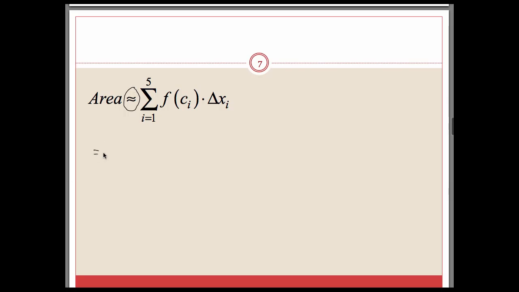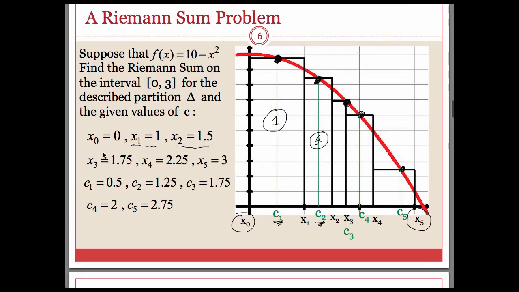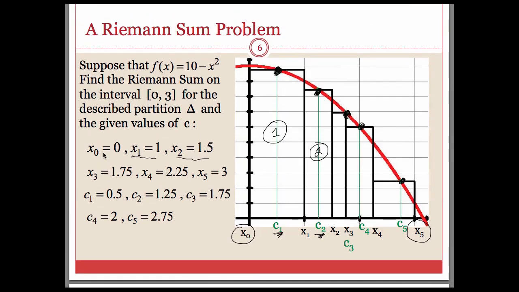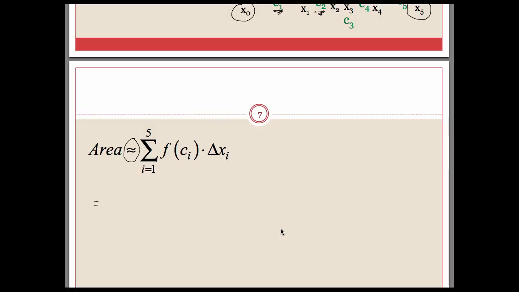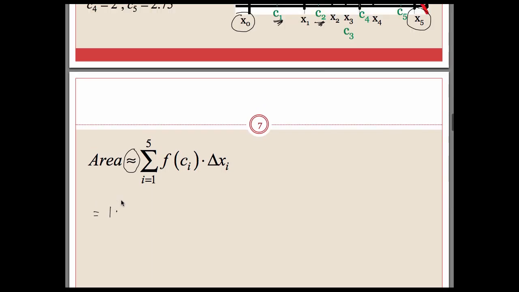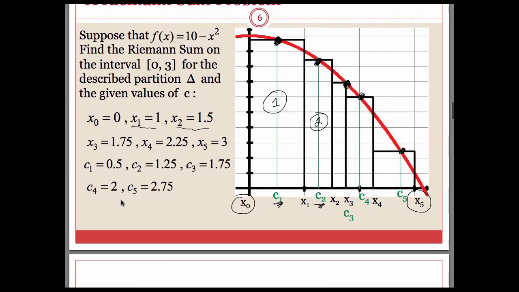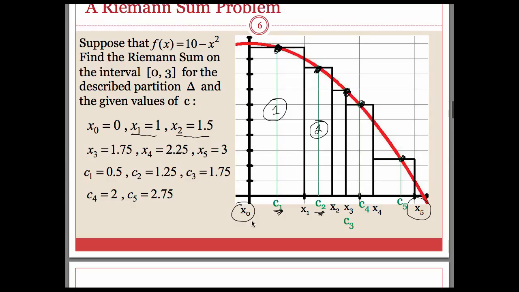All right, so the first rectangle, and we'll keep flipping back and forth between the diagram and our work. So the first rectangle, remember, went from x0 to x1, so that had a width of 1. Now we need to multiply that. Remember we said we were going to get the height of that rectangle by substituting c1, which was equal to a half, into the function.